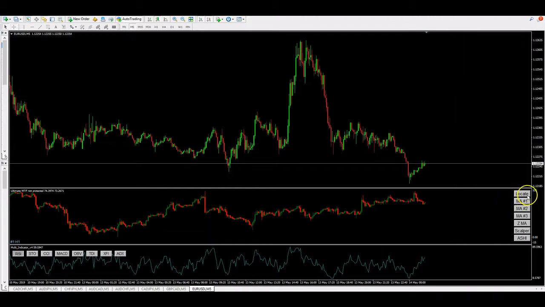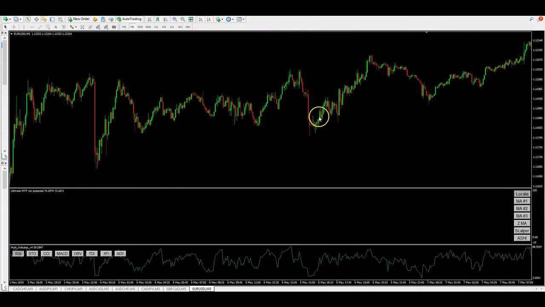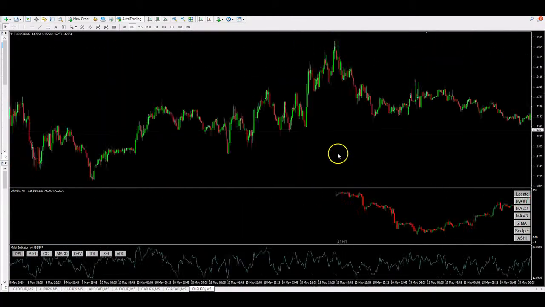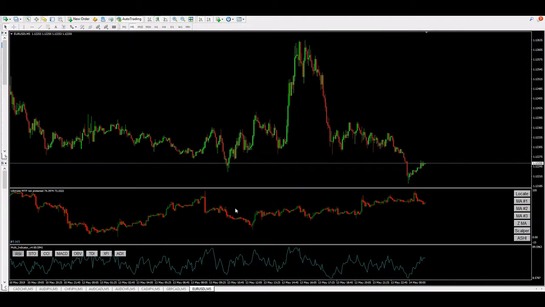So we have this nifty little locate tool that you can drag somewhere, and if you drag it across the top, the bottom adjusts, and if you drag it across the bottom, the top adjusts. So it really comes in handy to be able to do multi-time frame analysis on one page, one screen, without having to have multiple charts or to flip back and forth.